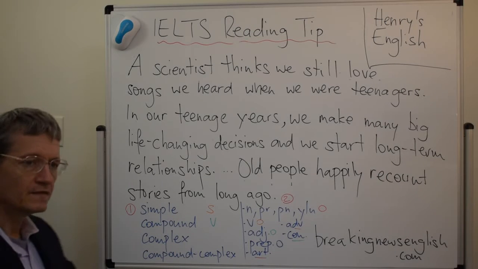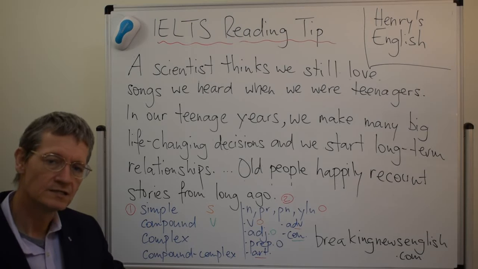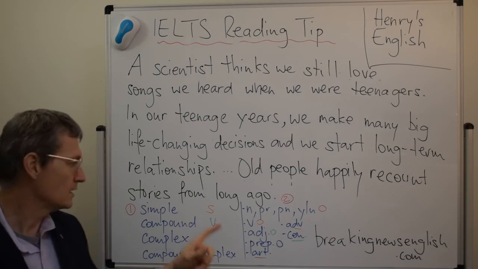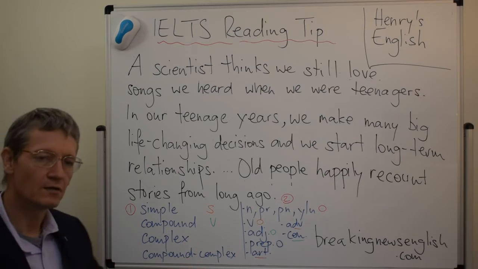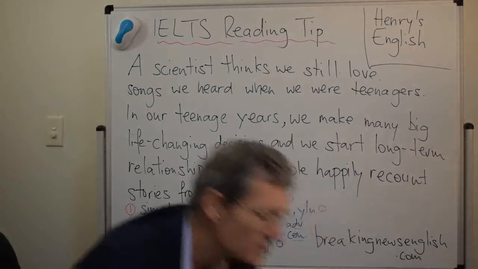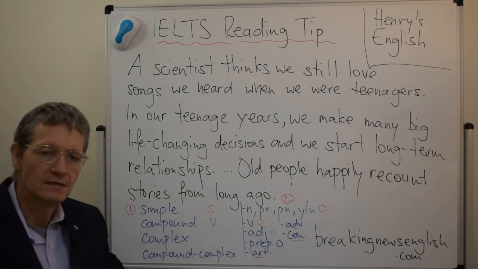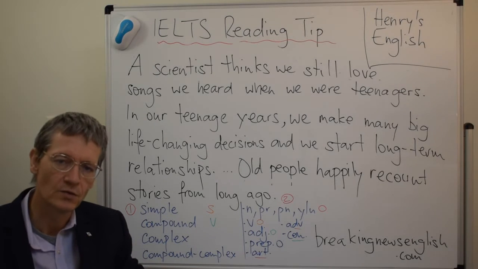So the first method is to analyse the subjects and verbs and decide if the sentences are simple, compound, complex or compound complex sentences. Now I'm just reading the definitions here. So a simple sentence has one independent clause.